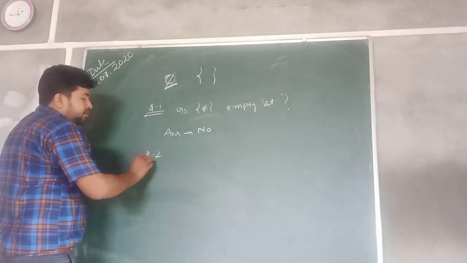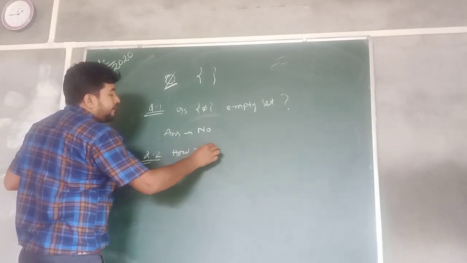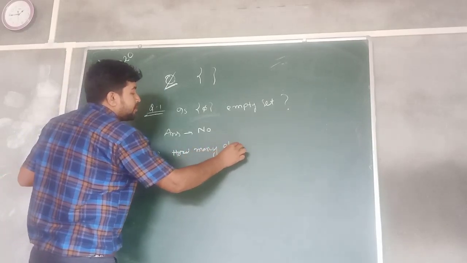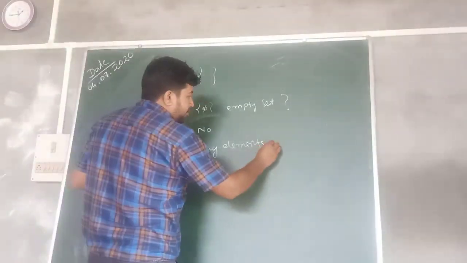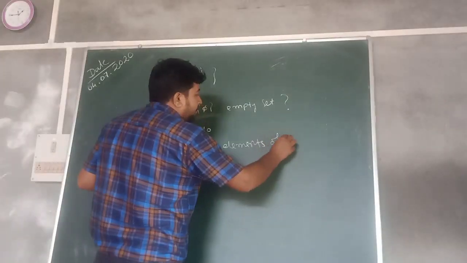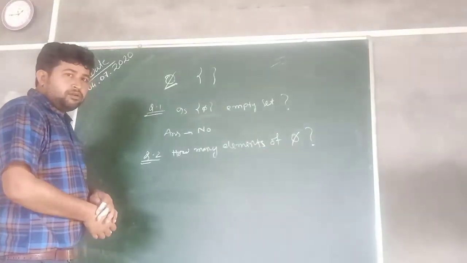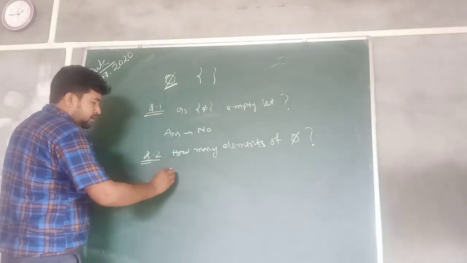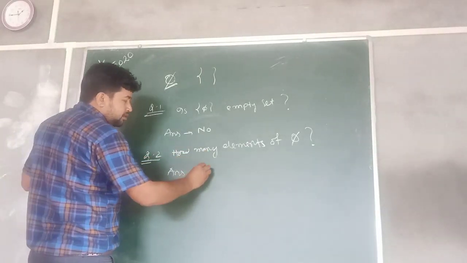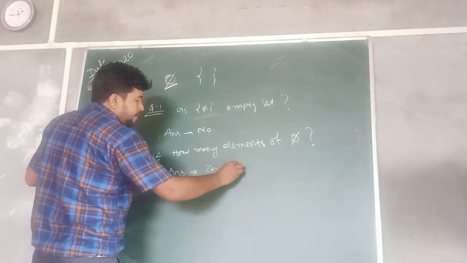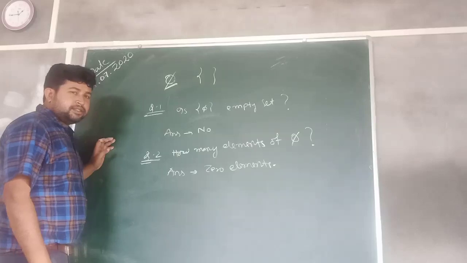Another question, question 2. How many elements of phi? Obviously, you know, there are 0 elements.